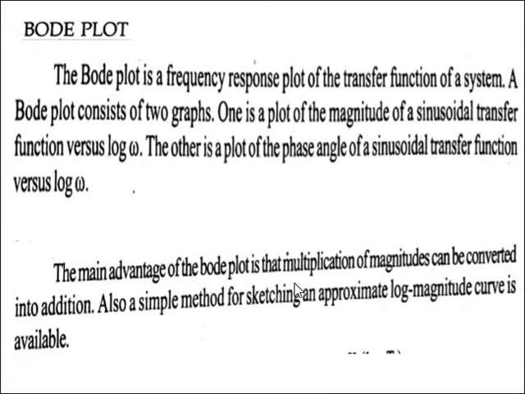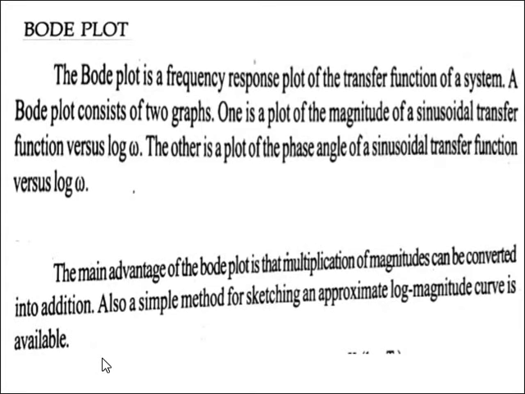The main advantage of the Bode plot is that multiplication of the magnitudes can be converted into additions. This is the major advantage of the Bode plot. Consider an example: multiplying 345 by 475 is difficult, or we can add 345 and 475. Adding these two numbers is very easy compared to multiplication.